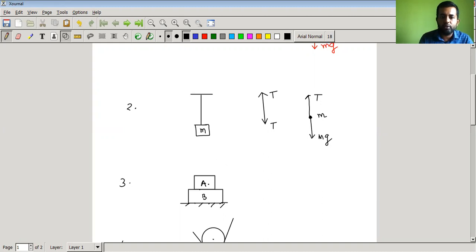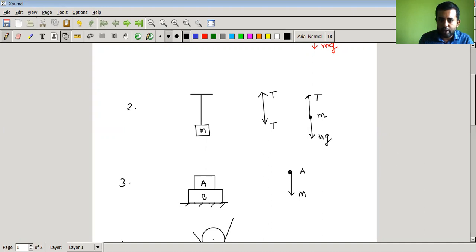Okay, now moving on. Now you can see we have a block A and B here. Now if we take block A to be our system, okay, so this is block A. What are the forces acting on it? So you know that it will be feeling a gravitational force.